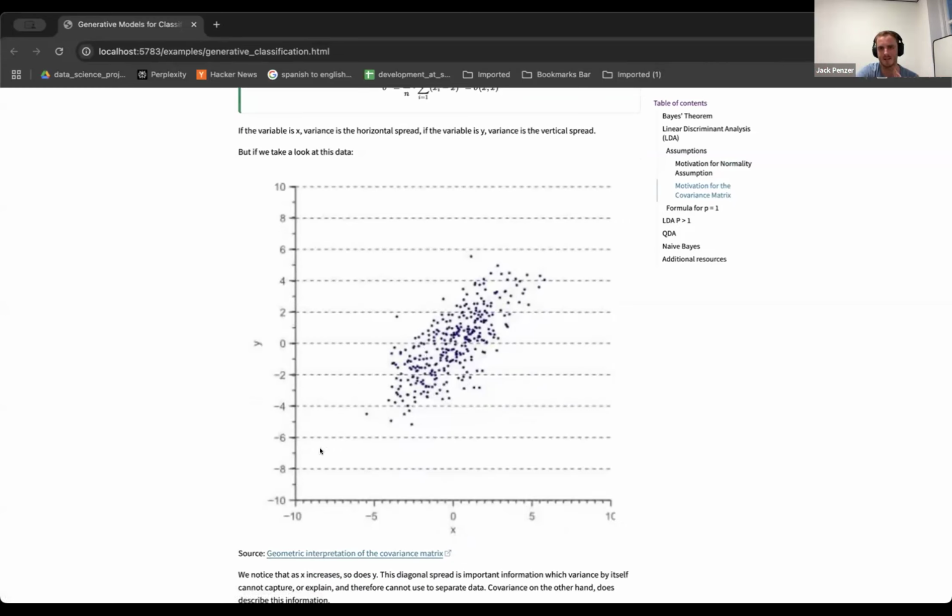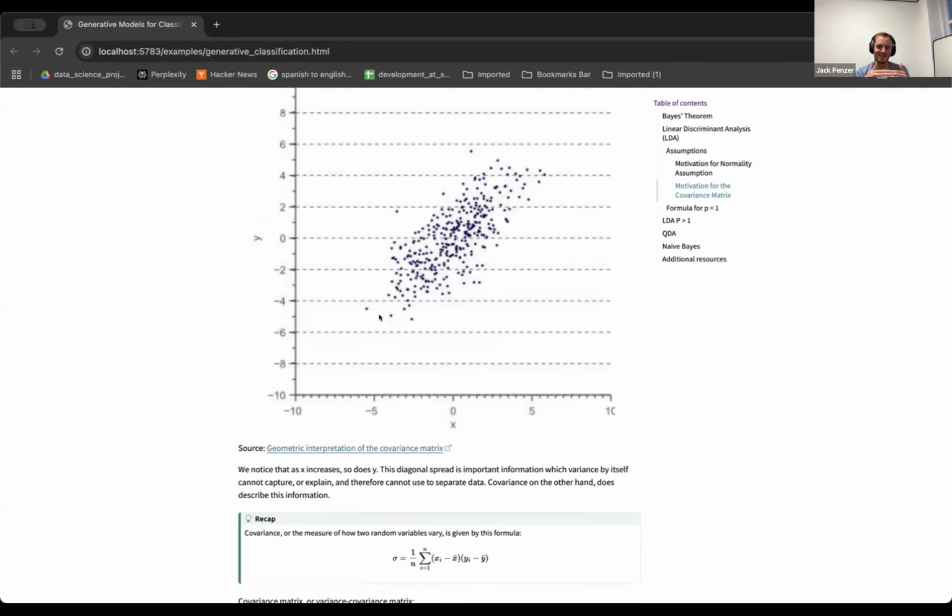Mathematically and by definition, it just cannot. Covariance can. So when you see this, it's a linear relationship, because as X increases, it tends to be the case that so does Y. The model needs to be able to understand these diagonal relationships, these linear relationships, and variance doesn't do it, but covariance does.